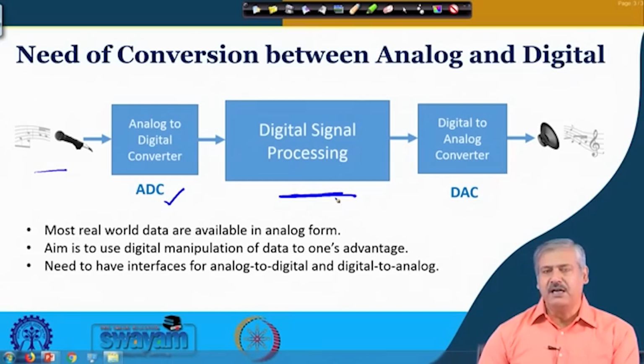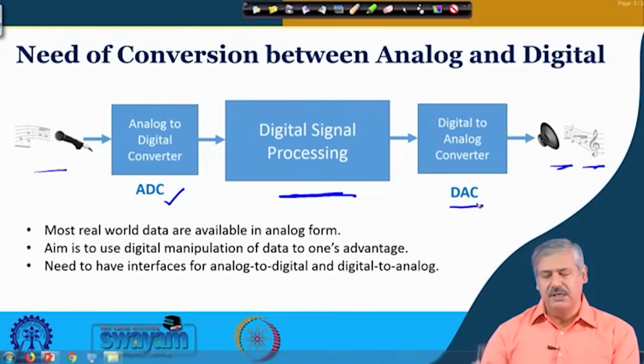After that you want to play it in a speaker, where the speaker will continuously change its position and generate the sound wave. So, for that we need to generate a continuous time signal. So, you need a digital to analog converter over there.